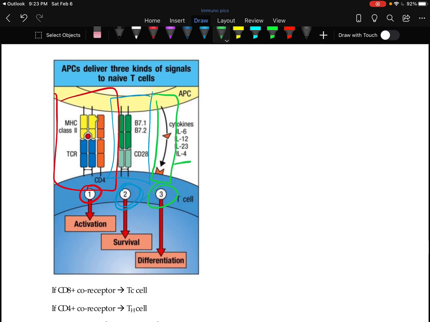Now, depending on the co-receptor right here, this one's CD4 for example, that's what determines whether we're going to get a helper T cell or a cytotoxic T cell. If we have CD4, we're going to get a helper T cell. If we have CD8, we're going to get a cytotoxic T cell.